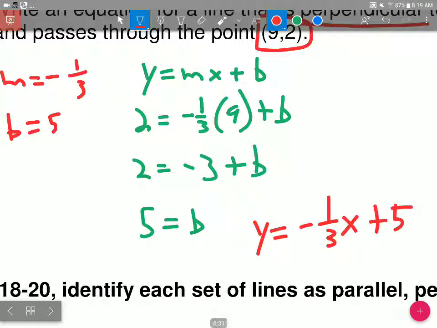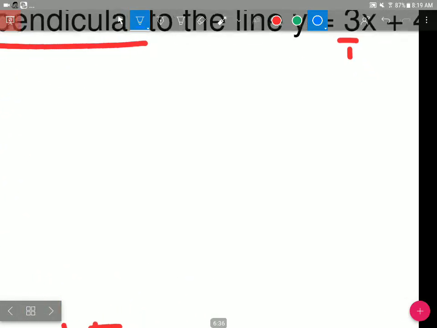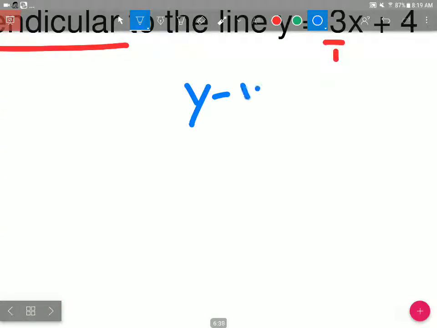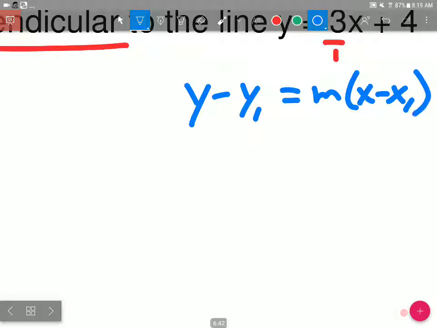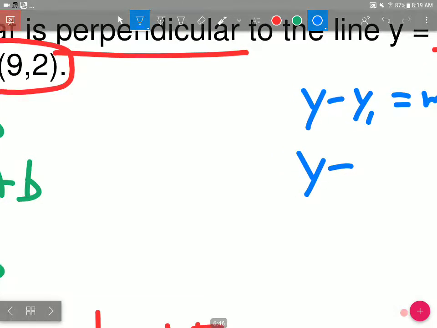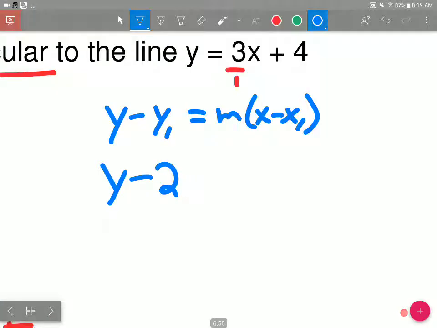Cool? If you want to do it the other way, we'll do that right quick. (9, 2). So I got y minus y1 equals m times x minus x1. So that's y minus, my y1 is 2, equals negative 1/3 times x minus 9.